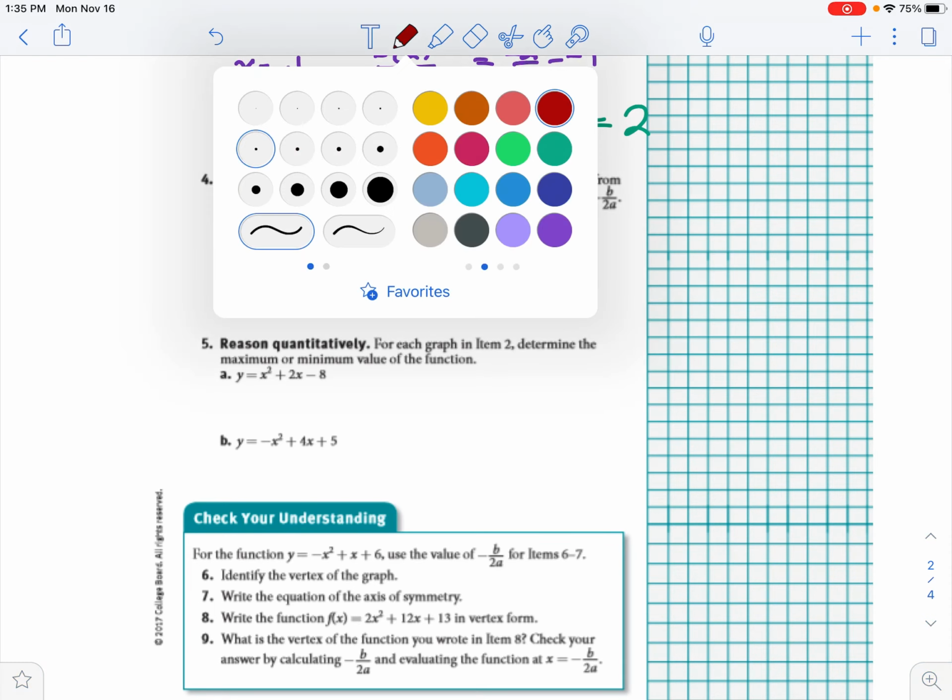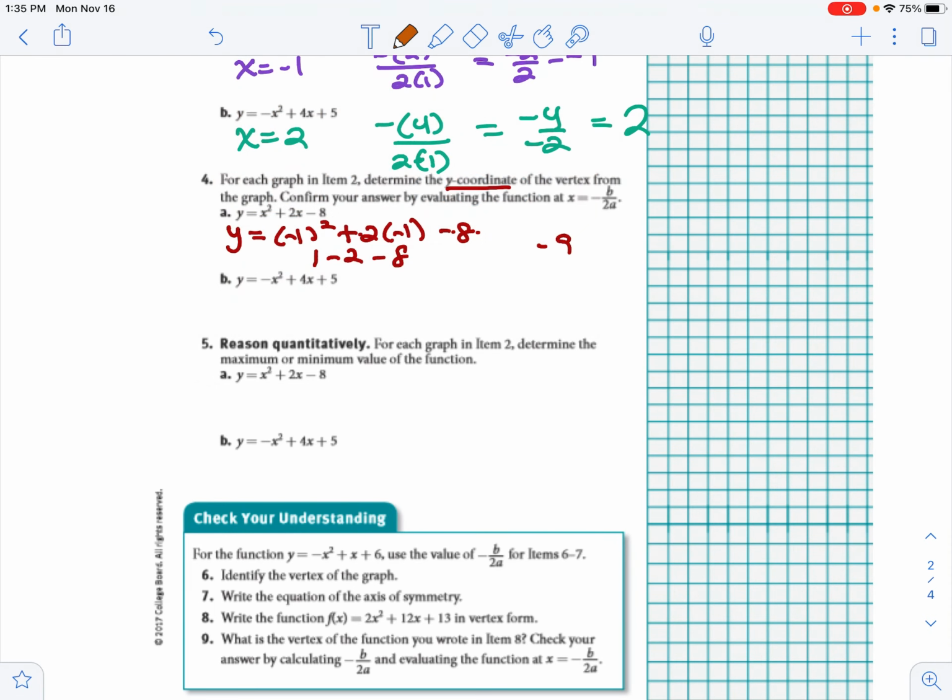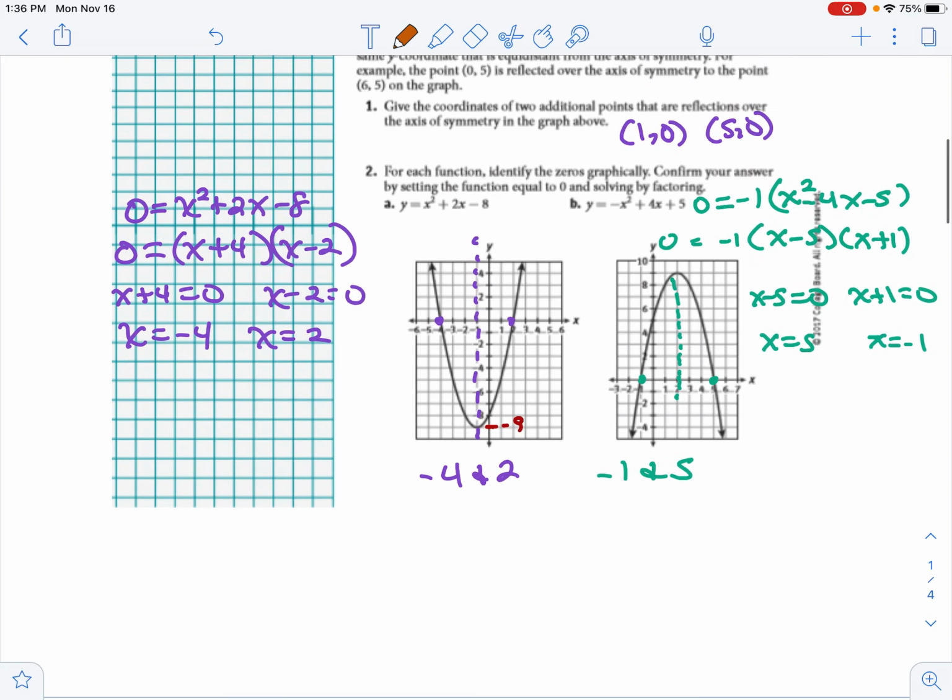For part B, we do the same thing, but this time we got a 2. So y equals negative 2 squared plus 4 times 2 plus 5. That's negative 4 plus 8 plus 5, or 4 plus 5, which is positive 9. So this time we can see that the vertex is up here at positive 9.